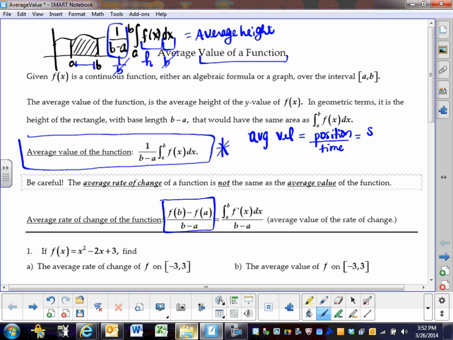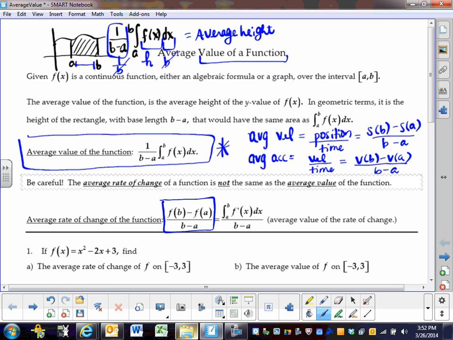So that means it's position at time 2 minus position at time 1 over the difference of the times. That is not the same thing as the average acceleration. The average acceleration is velocity divided by time. That would be the second velocity minus the first velocity over the difference of the times.